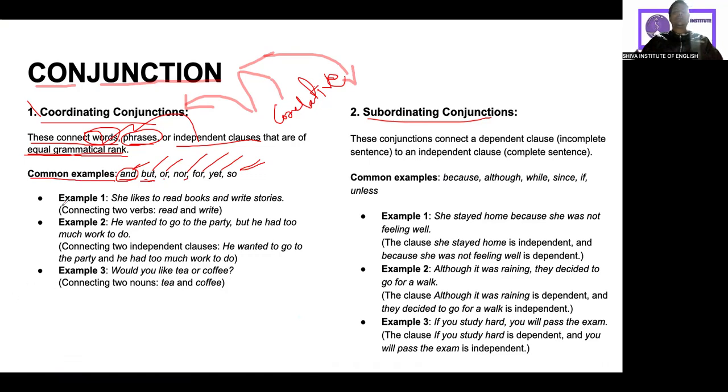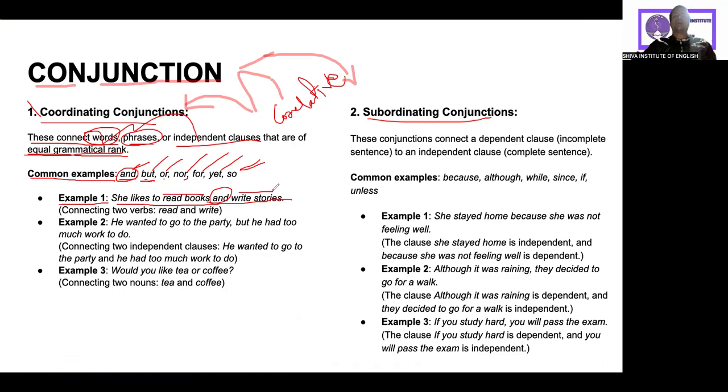Let's look into the examples which have been given here. The first example: she likes to read books and write stories. You find the word and. Read books and write stories create the idea of equal grammatical rank.